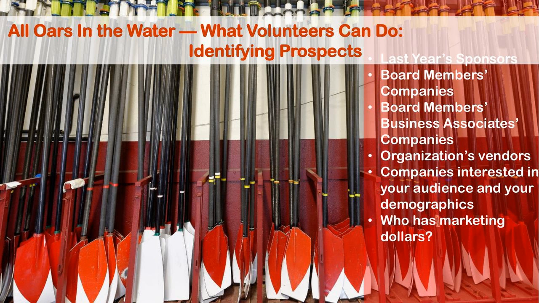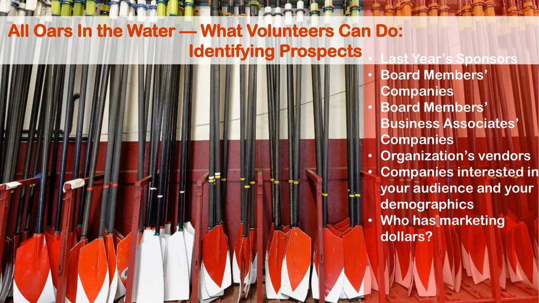Of course, as always in fundraising, one of the best places to find your donors is with your past donors. So your last year's sponsors are, of course, the best place to start, but you can also look to your board members' companies.